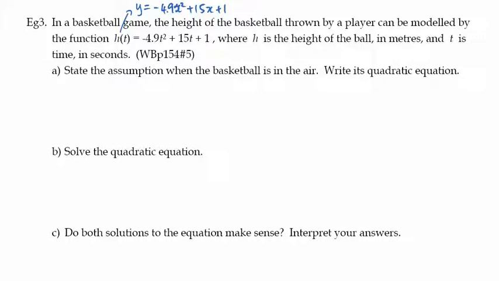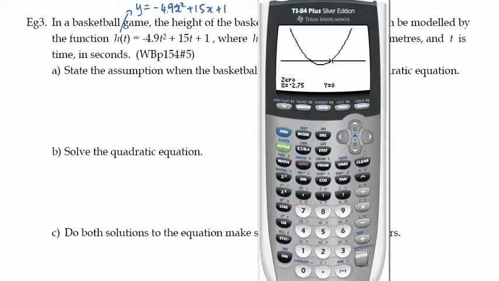If you were to draw it out on your graphing calculator, this quadratic equation will give us a parabola. And let me zoom it back to the regular window. Here is the parabola. But this parabola isn't realistic.